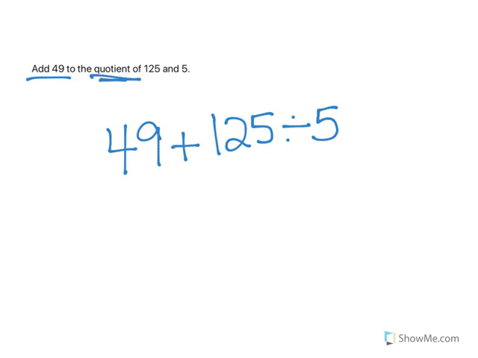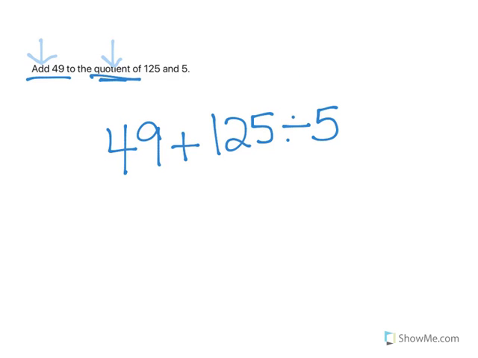Unlike the previous example, this one has us adding before we divide. But again, the division needs to take place first. However, we still work from left to right. So we don't need the parentheses.